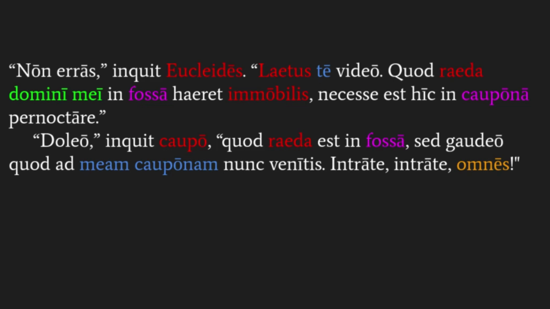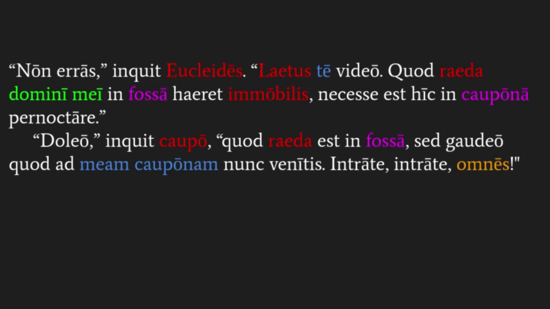He says, I'm sad that the carriage is in the ditch, but sed, gaudeo, I'm happy or I'm glad because venitis, you are coming, right? And again, it's TIS, so it's you all. So he's saying, I'm glad that you all now are coming. Nunc means now. You're now coming ad meam cauponam, to my inn. So he's saying, I'm really sorry that your carriage is in the ditch, but I'm happy because now you're here at my inn, right? And I get to see you.